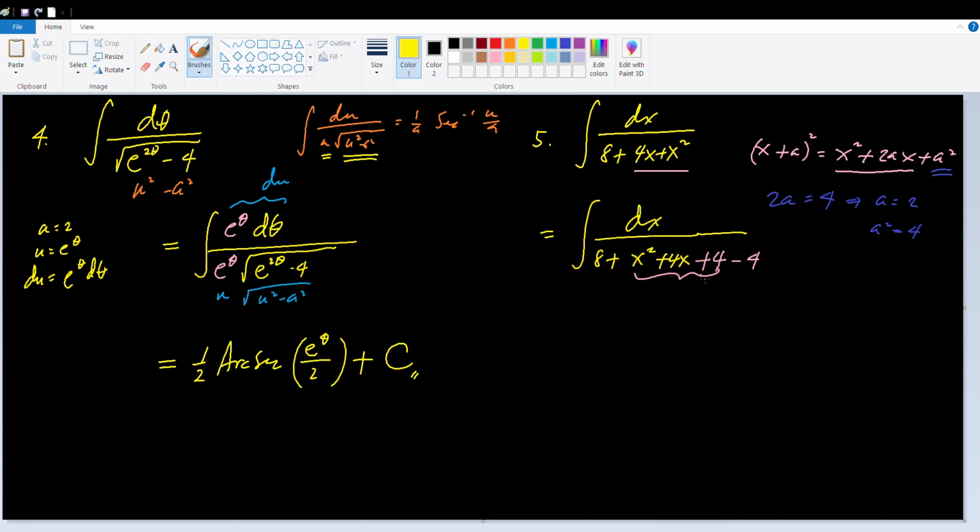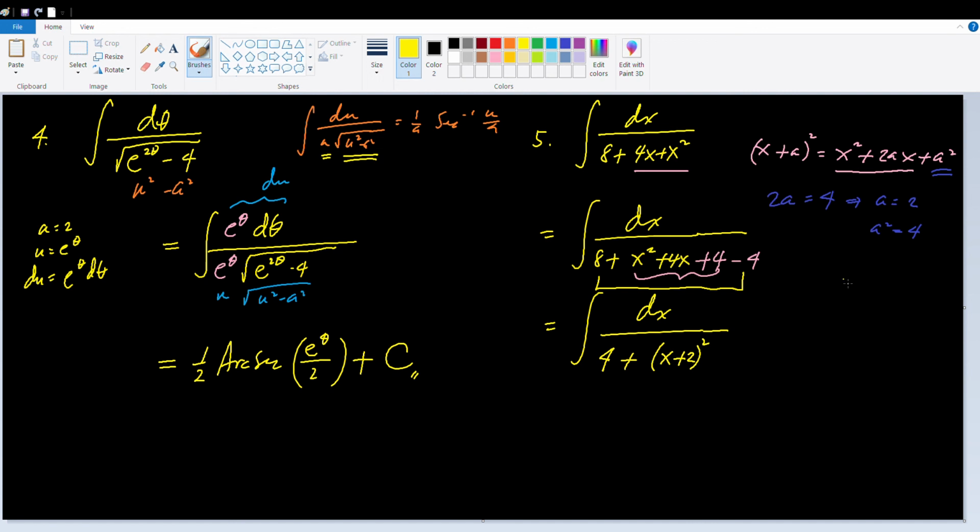So we need 4 to complete x squared plus 4x as a perfect square trinomial, but we need to subtract 4. Let me rewrite this as dx all over 8 minus 4, which is actually equivalent to 4, and x squared plus 4x plus 4 is now equal to x plus 2 squared.